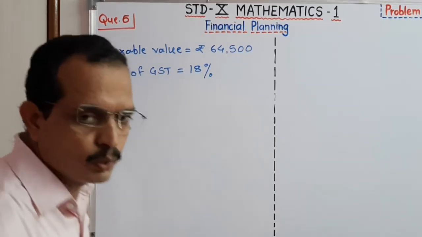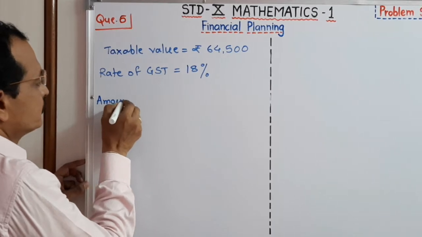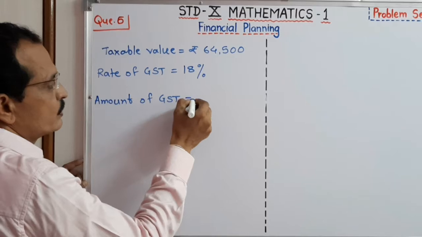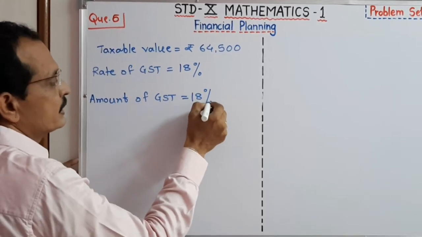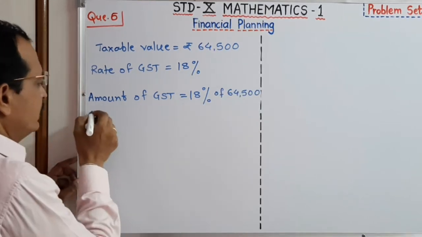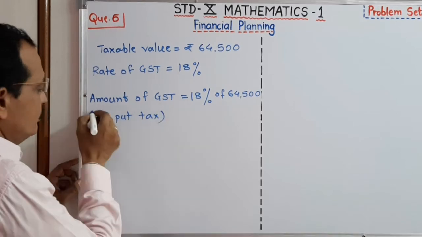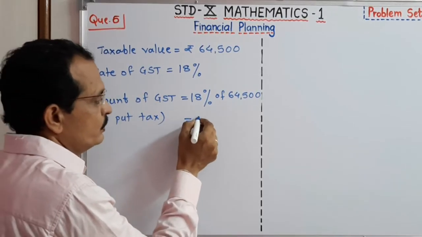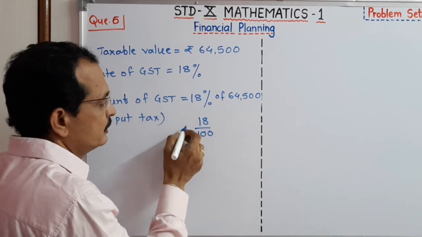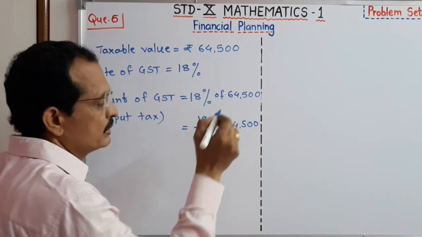18%. Now we have to find out the amount of GST, which is equal to 18% of 64,500. That is, the output tax is equal to 18 upon 100 into 64,500.